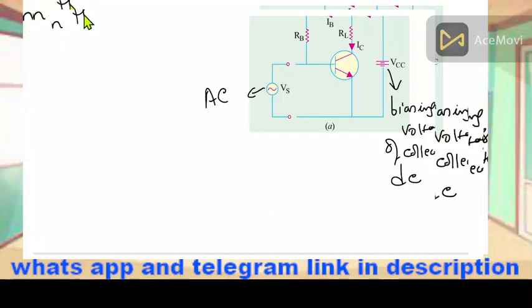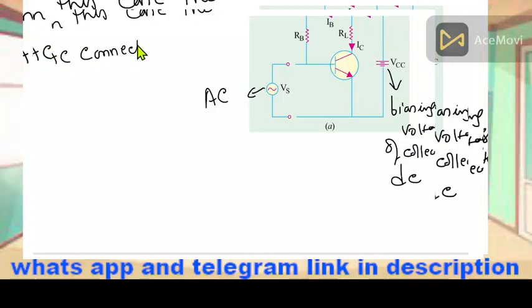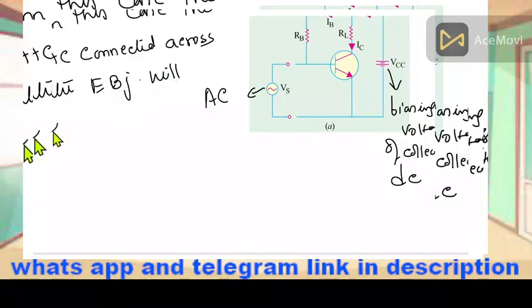In this case, the AC connected across the emitter base junction, EBJ, will cause disturbance in biasing.